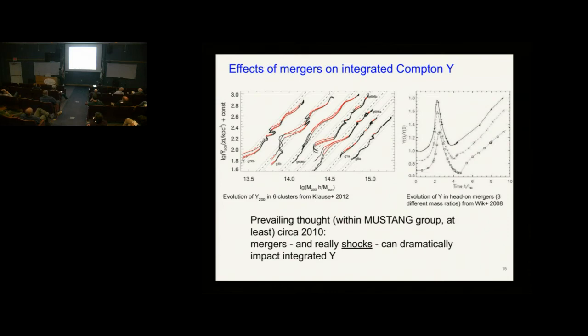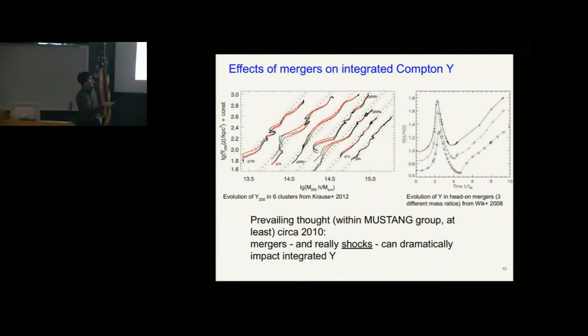The thing I want to point out here is that there is a pretty pronounced bounce of integrated Compton Y signal early on in the merger. It then drops back down, and then as the matter and baryons virialize, you see that it gradually increases. But this should actually be a 1-to-1 mass ratio in this plot, and you see that it doesn't get to 2 times the initial Y.